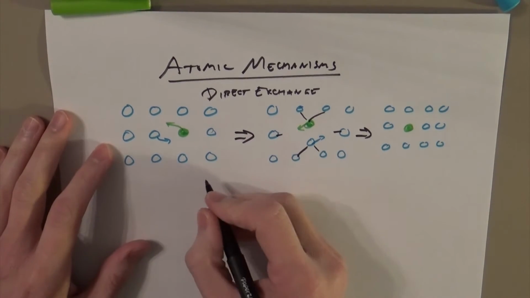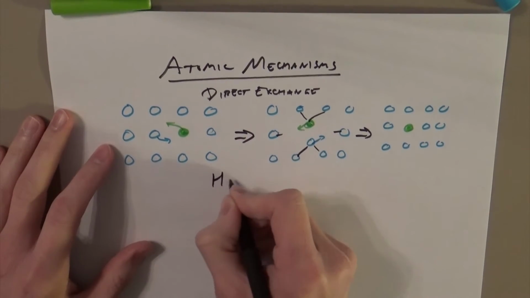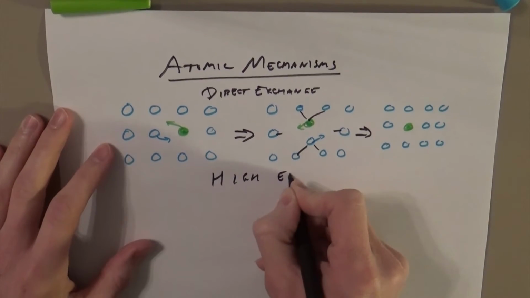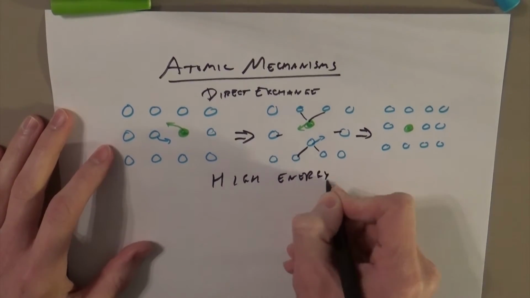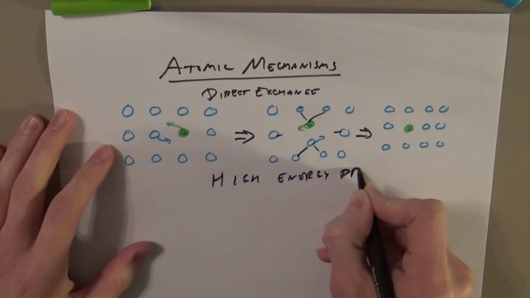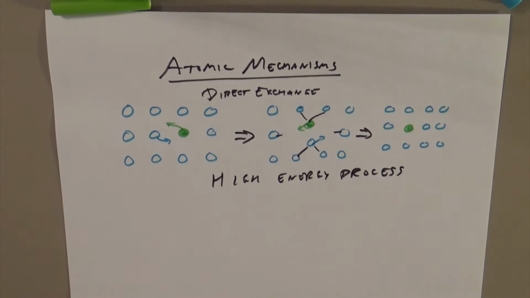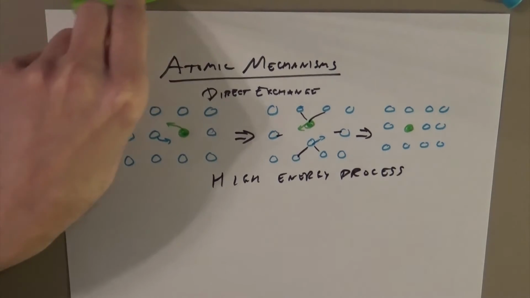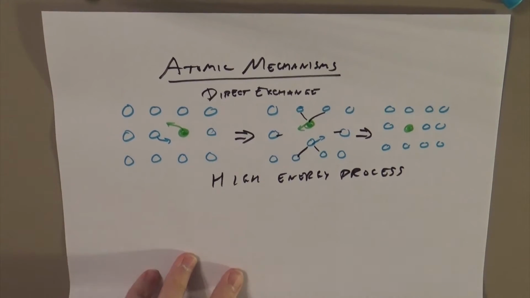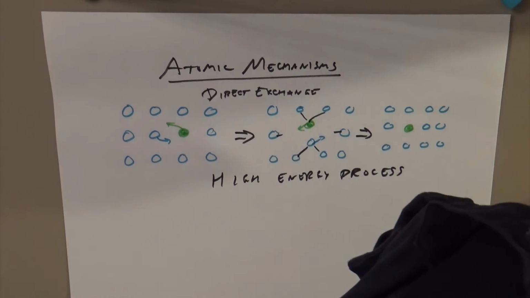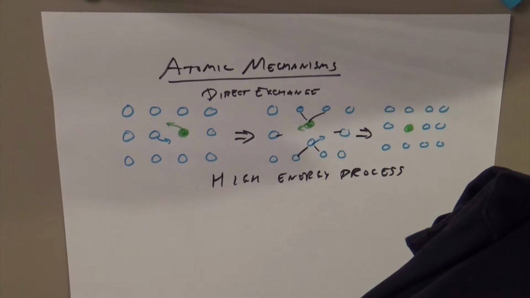So we'll call this a relatively high energy process, which means that it's less impactful than other processes. And what's more common is to have a vacancy-assisted exchange, or vacancy-assisted motion.